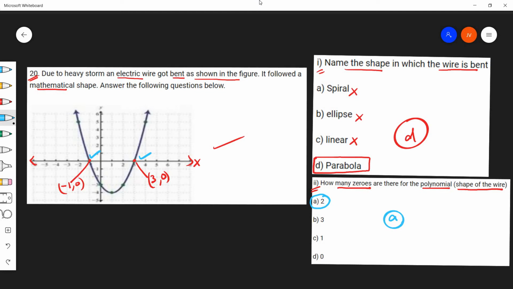That is option A. Every point on the graph is called a root or solution, but only the points where the graph intersects the x-axis are known as zeros. So these points are the zeros of the polynomial whose graph this is.